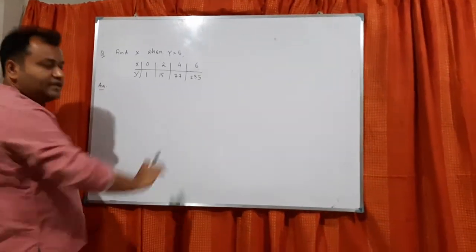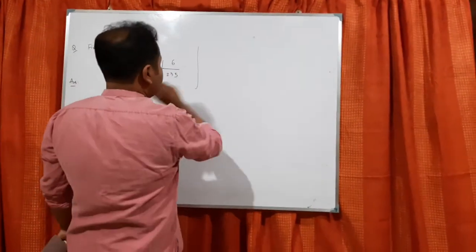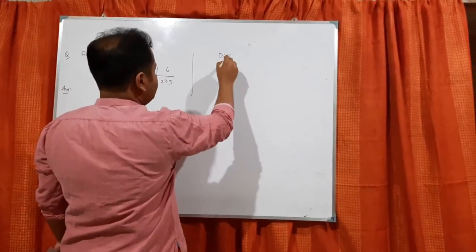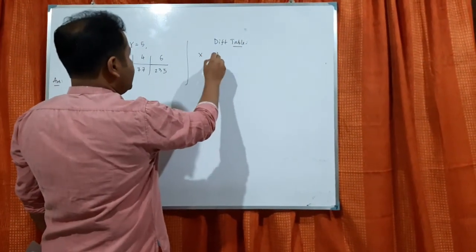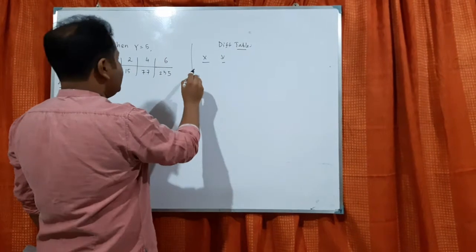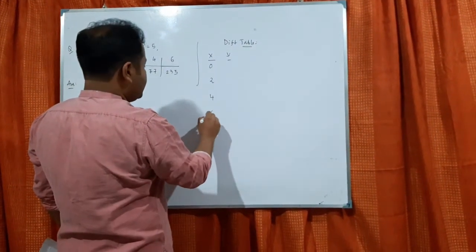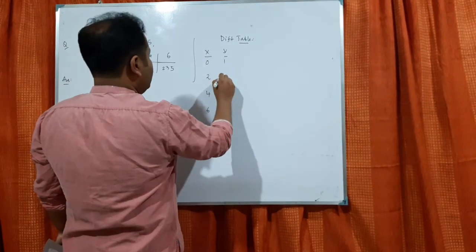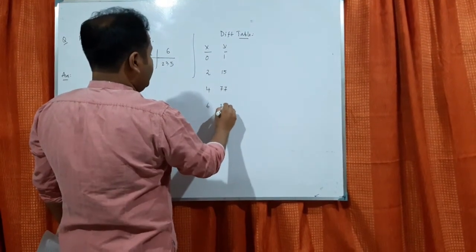First we have to make the difference table. So what is the difference table? Let us make it here. x and y should be there. So x is 0, 2, 4, 6, and y is 1, 15, 77, 235.